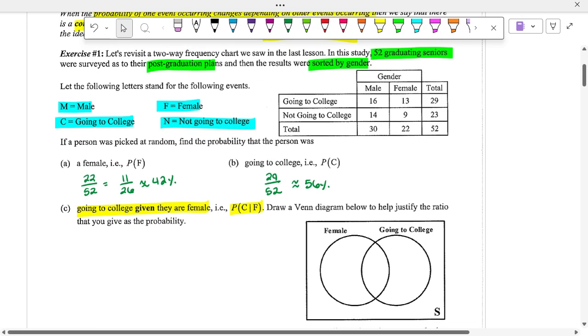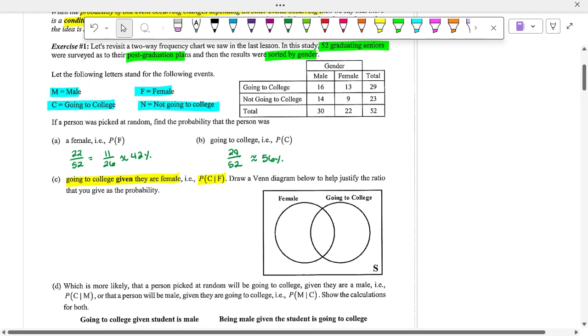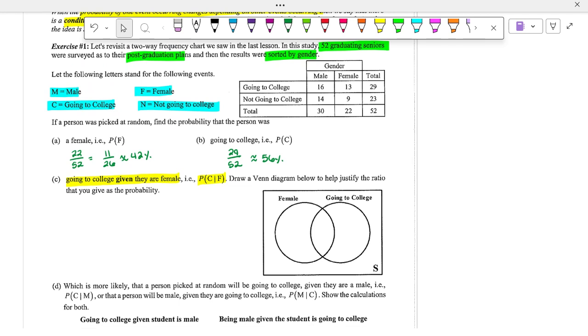So looking at our frequency table, how many students are female and going to college? So they're female and they're going to college. How many? 13.